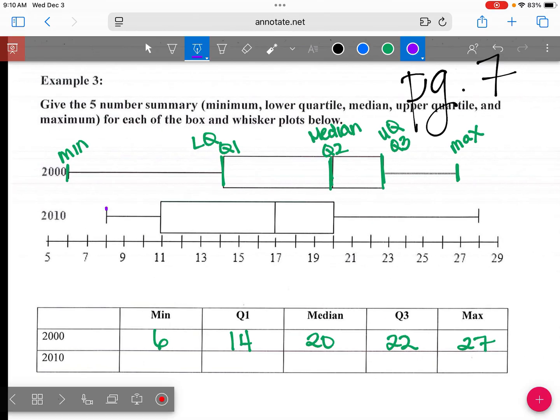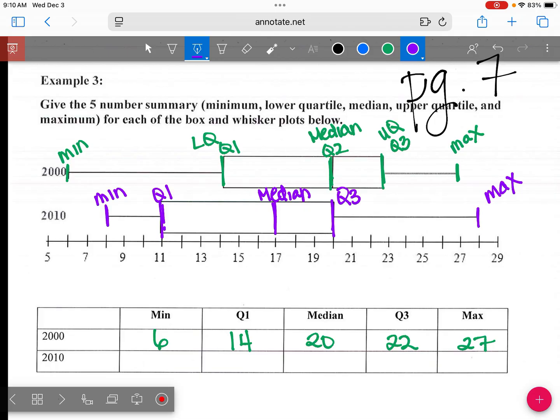All right, do the same thing for the second box plot underneath it. Go ahead and fill in. Now this will be my min. This is my Q1. The middle line, that's your median. This is Q3, and this is max.